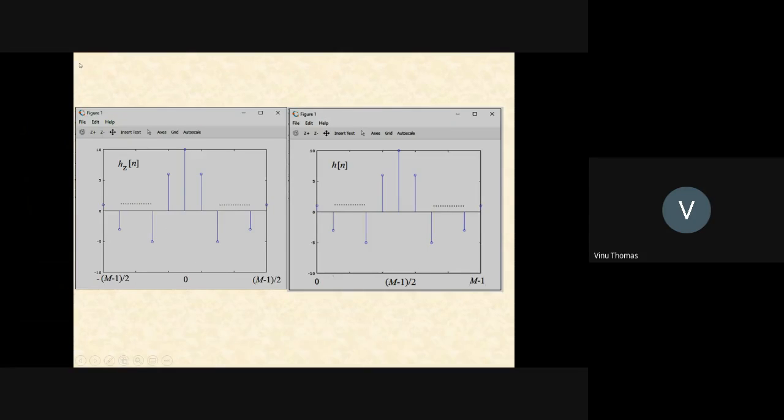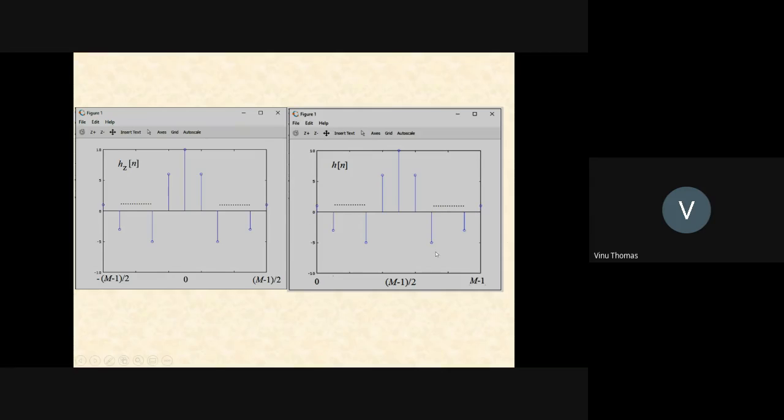This is illustrated graphically here. Earlier, the point of symmetry is at n equal to 0, with samples from minus (M-1)/2 to plus (M-1)/2. You had computed the amplitude response or the zero phase response for this filter. Now this has been shifted and made causal, so the point of symmetry is now at (M-1)/2, and you have a sample at the point of symmetry.